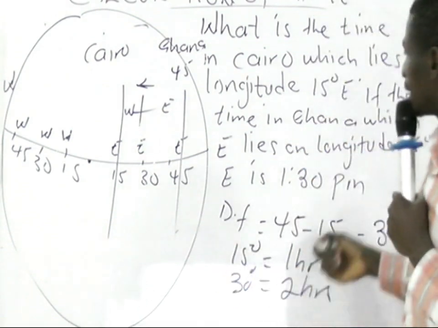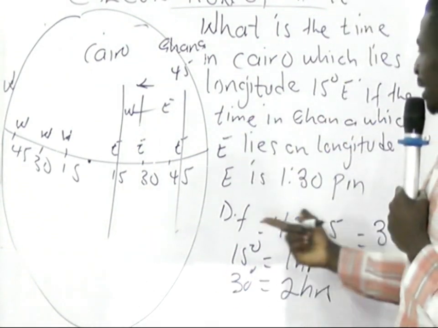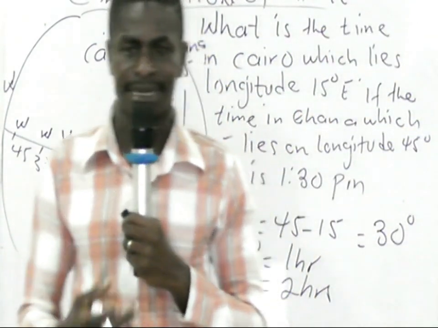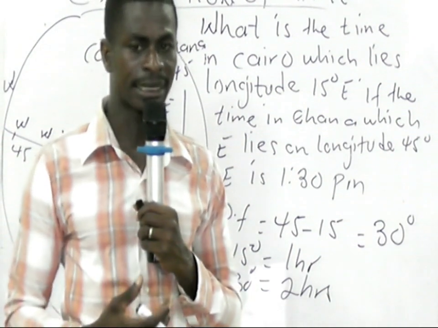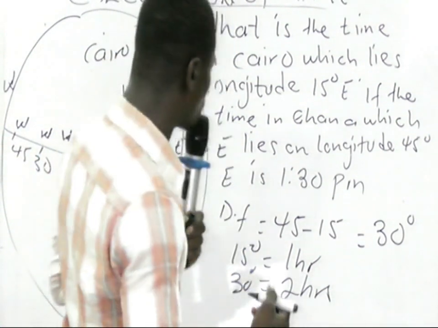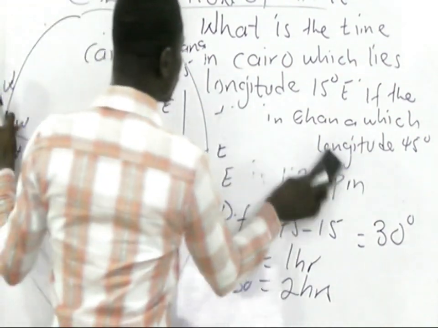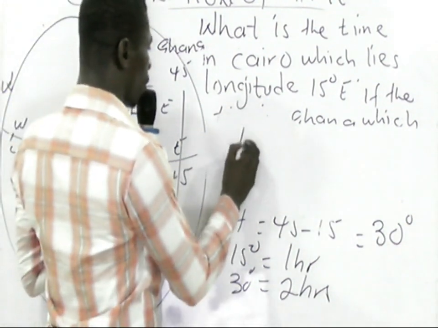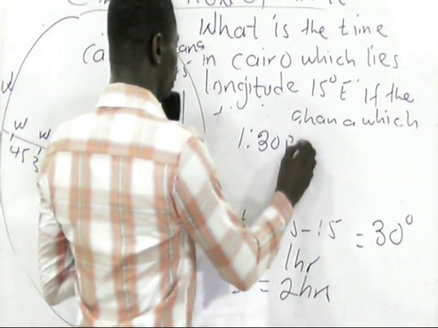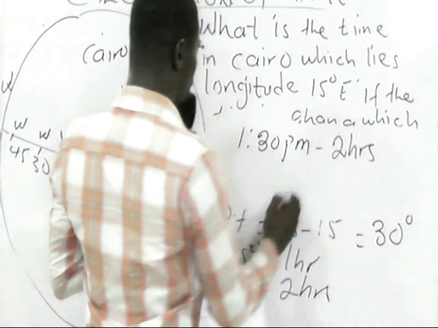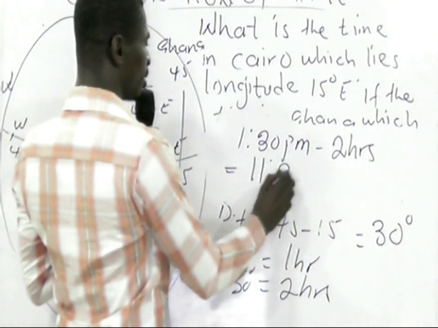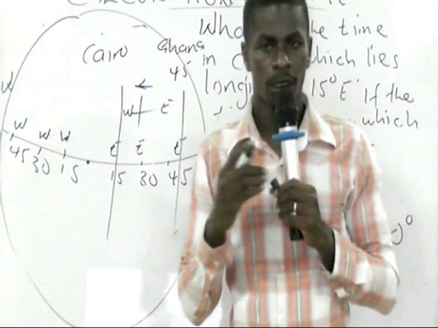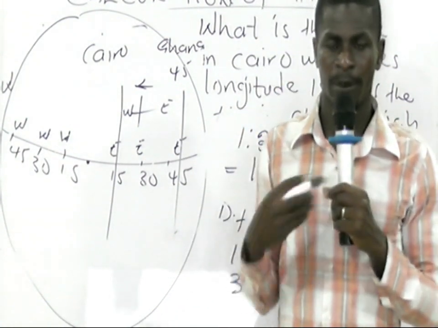So we reduce the time, which is 1:30 p.m., by 2 hours, and we finally get 11:30 a.m. All that you need to do is to know the zones and try to draw the problem.